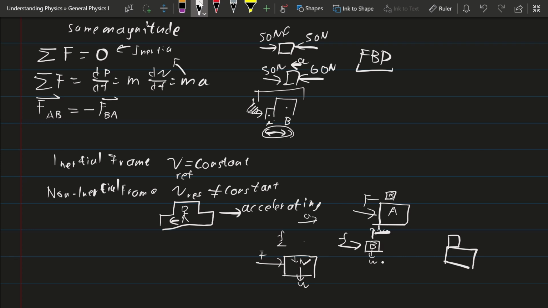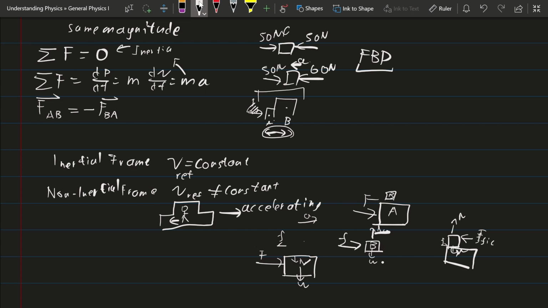But then if you actually check on this system, you would realize that there should be a frictional force going this way. And then there are some other forces such as the normal force. You still have the friction going in this direction, I think now. And yeah, there is still much more. So this one should be normal, this one should be weight.